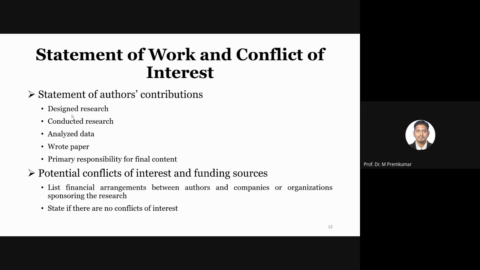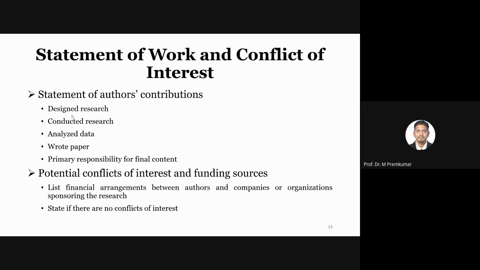For example, person X has done the paper drafting and the complete research, analyzed the data and done the software coding. Then person Y has done the proofreading, the language correction and draft writing. Likewise, for each author, you have to define the contribution before submitting the paper. That is mandatory in most quality journals.